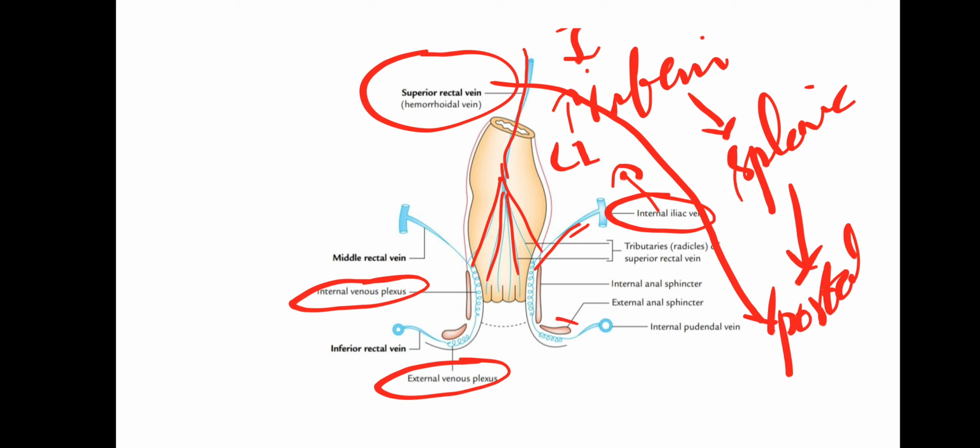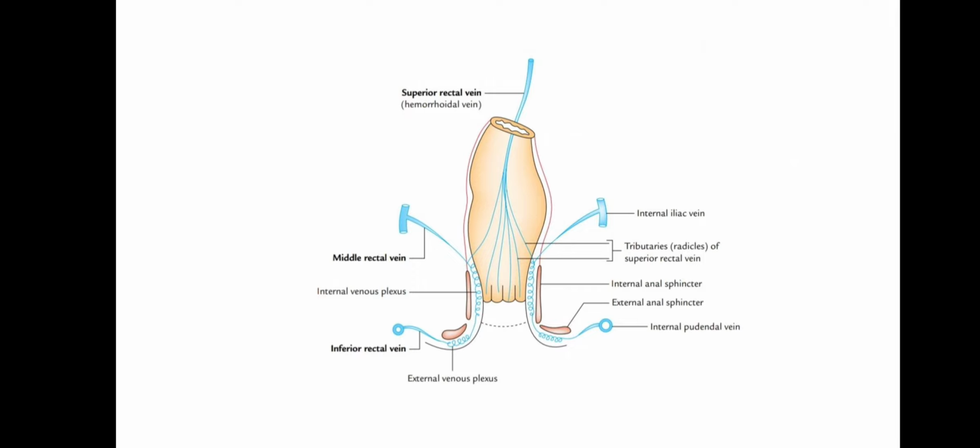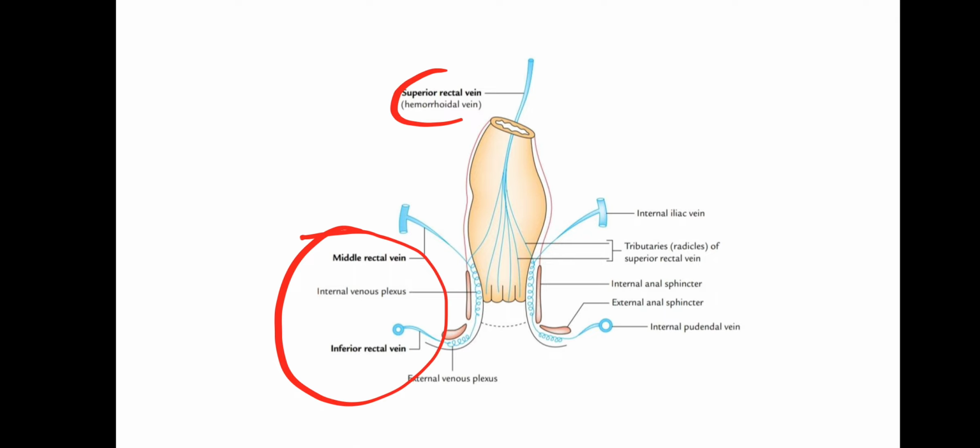And the external venous plexus is going to give rise to the inferior rectal vein. Like that of the artery, it is going to drain into the internal pudendal vein. So both the middle and the inferior rectal veins are going to go into the systemic circulation, while the superior rectal vein is going to go to the portal circulation.